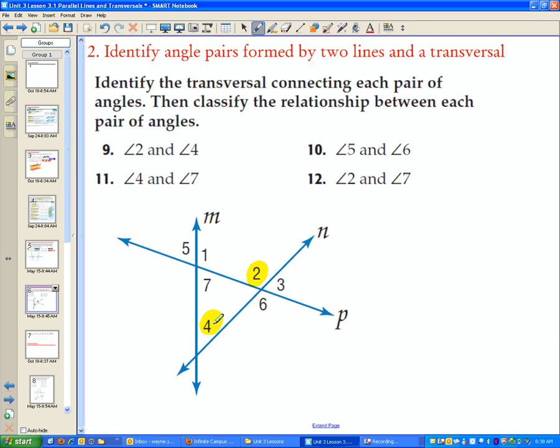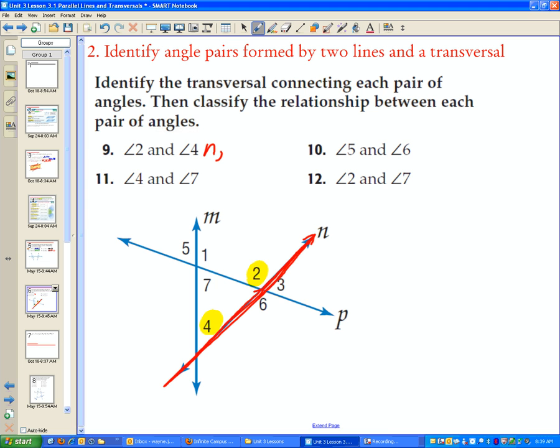So which line, line M, line N, or line P, is part of both angles? N, because this ray right here is one side of angle 2, and then this ray right here is one side of angle 4. So line N is part of both angles. So that's the transversal. Line N is the transversal.